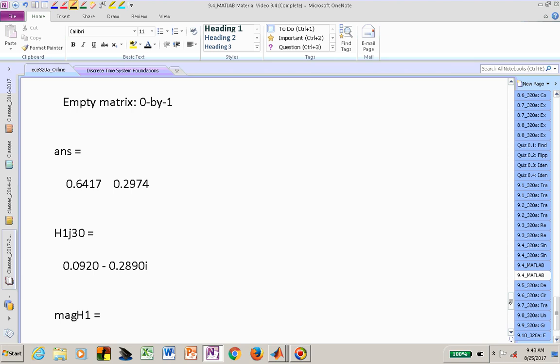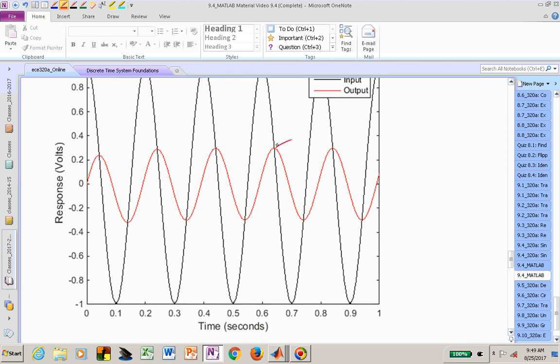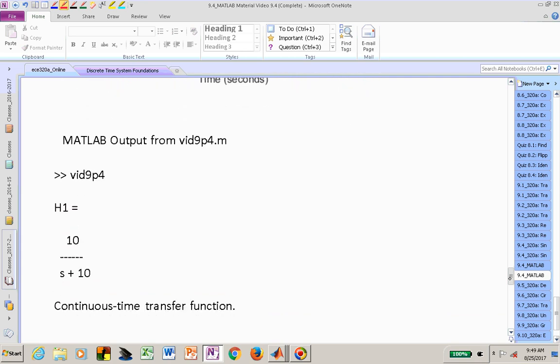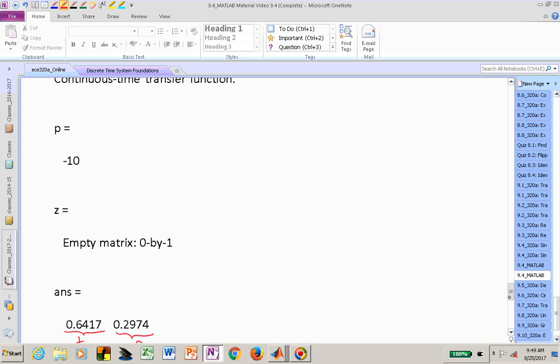I was at a time of 0.6417, and I would compare that. I clicked at this particular point, and this has a time value of 0.64 roughly, and the amplitude is 0.297. So here is the scaling factor, about 0.3, which is what I was expecting.